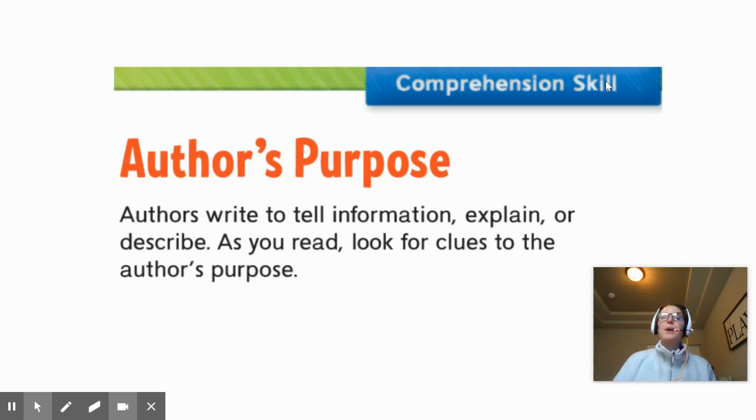As we go over this book again, do you think this author wrote the book to give us information about something, to explain something to us, or to describe? What do you think was the author's reason for writing this?